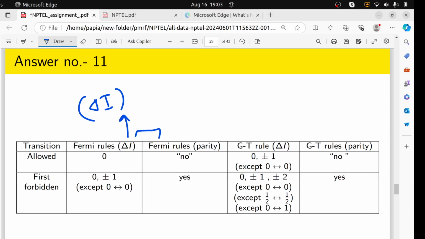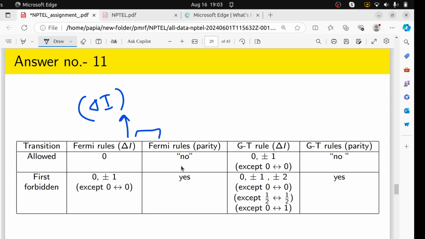That means in Fermi rule, if it is allowed, it should give these two conditions: delta I equals to 0 and parity should be no change. So these two should be simultaneously satisfied.